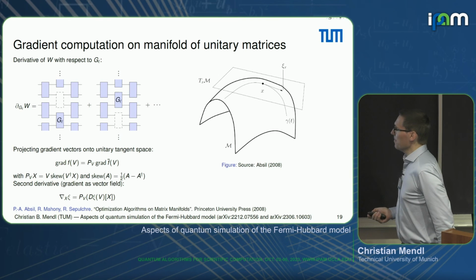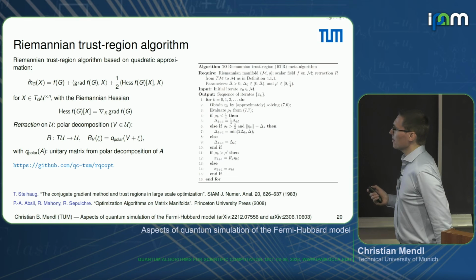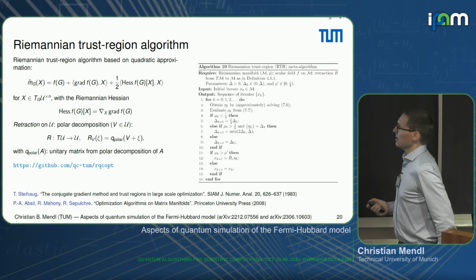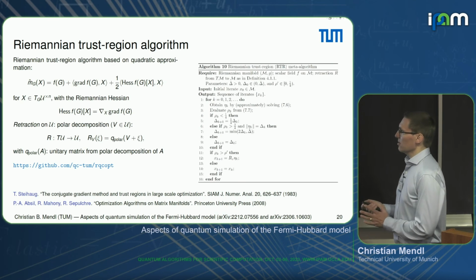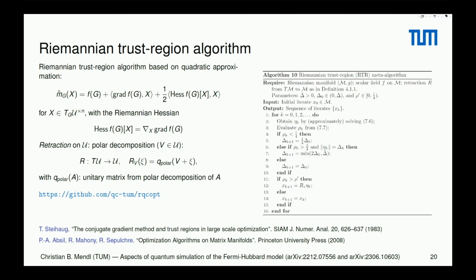Okay, and then finally, I also want to mention that we use the Riemannian trust region algorithm to actually do this optimization. First we just tried gradient descent, because this is probably the simplest thing that would come to your mind. You just take gradients and do gradient descent to optimize these gates.